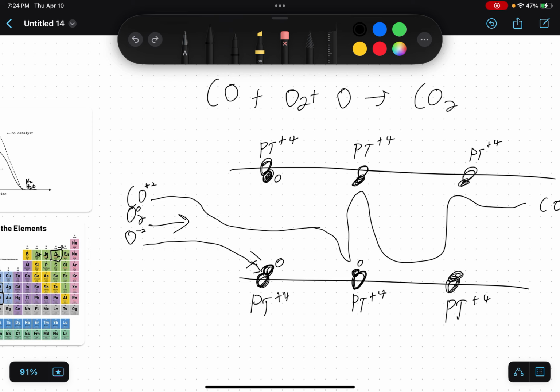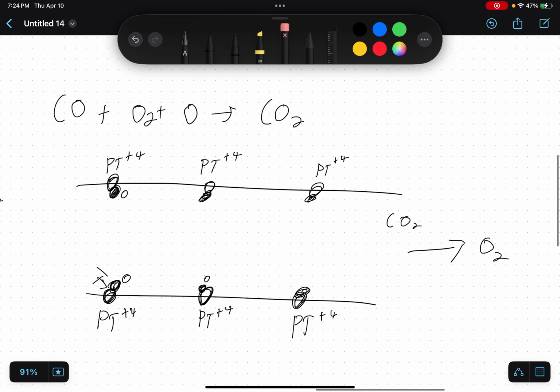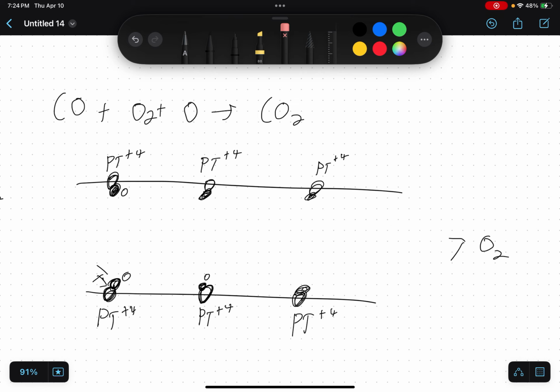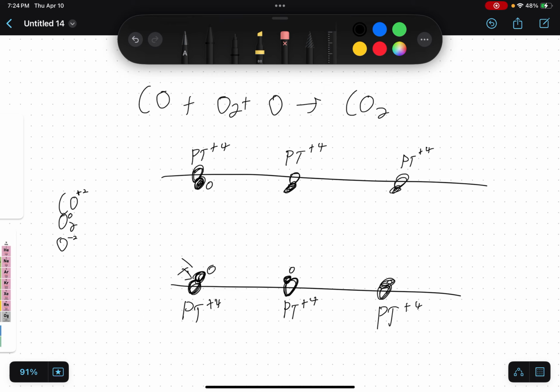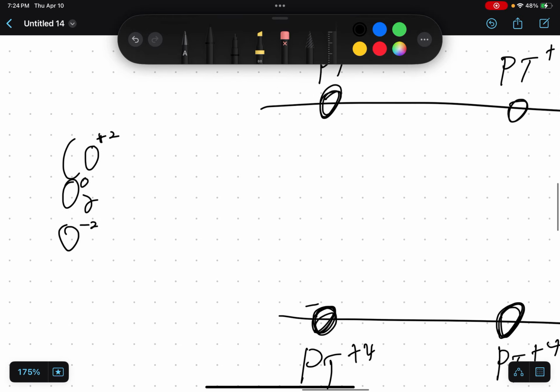Now, there are a couple ways this stuff can go bad. A catalyst can stop working. I didn't go over that for the NOx catalyst, but let's go over that here. If there is another polar molecule, it could just clog up the catalyst.